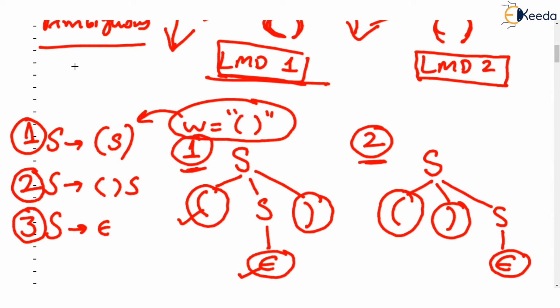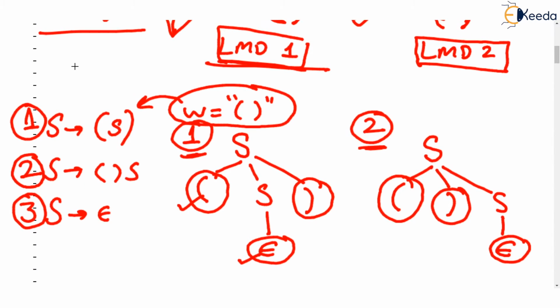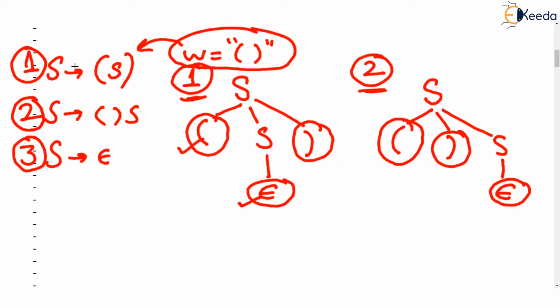Suppose you have some arbitrary grammar, you think about it for some time, and you are asked, is this grammar ambiguous? Then you will have to take some string for which you can show two LMDs or two RMDs or two parse trees. Many times it happens that you take up some string, and for that only one LMD exists, or one RMD exists, or one parse tree exists.